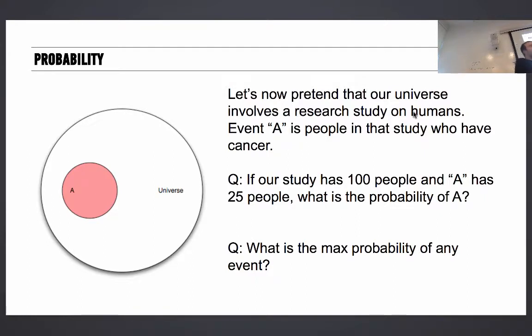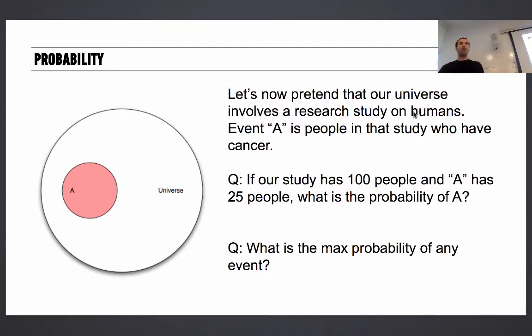If our study has 100 people and A, people who have cancer, has 25 people, what is the probability of A? 0.25, 25%. I will pretty much, from now on, describe all probabilities in decimal form.